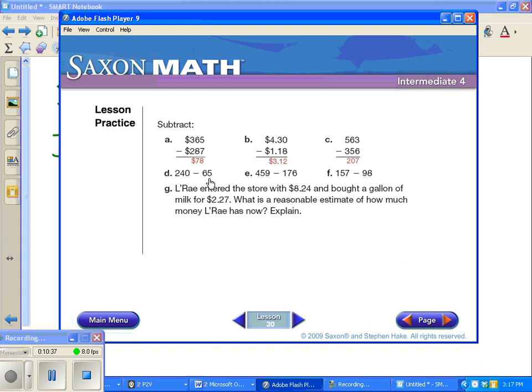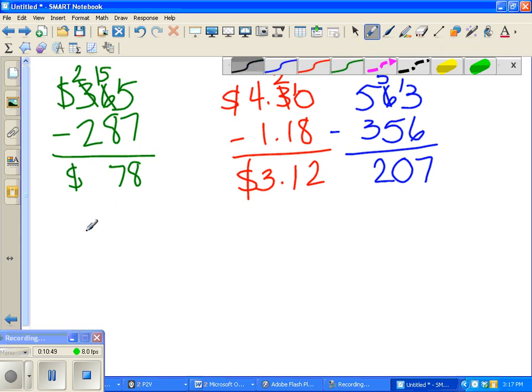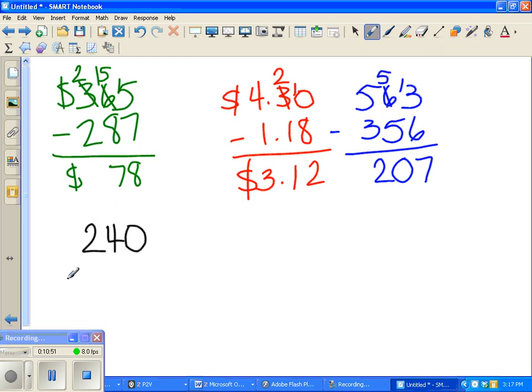D, 240 minus 65. This one I'm going to be curious. If you were doing this on your own, I want to see if you keep everything lined up correctly. So 240 minus 65. Watch this. 6 is in the tens place, 5 is in the ones. Beautifully lined up. That's what I expect to see on your work also. 0 minus 5.